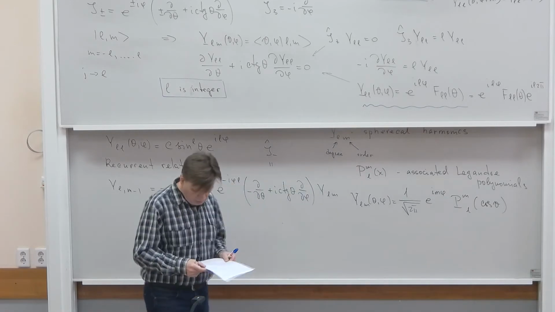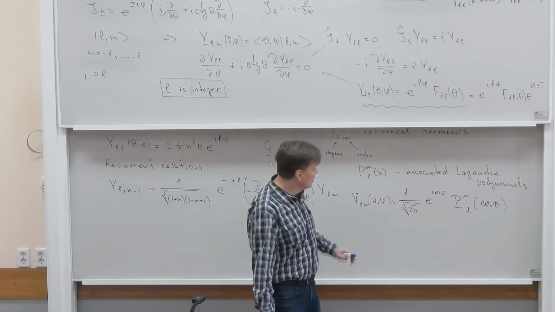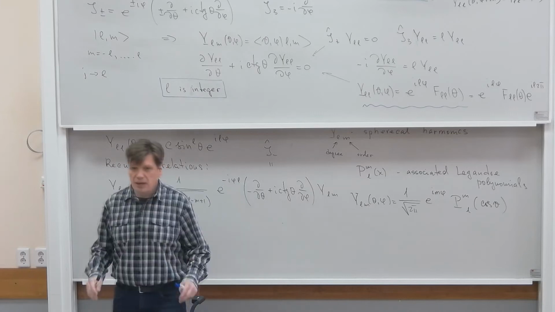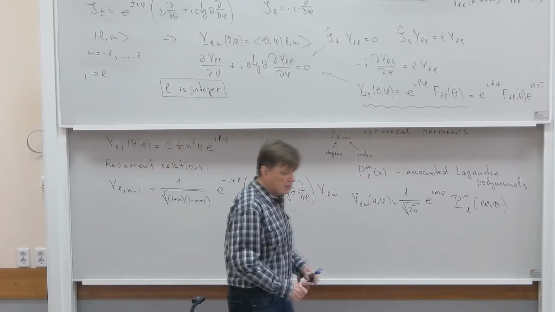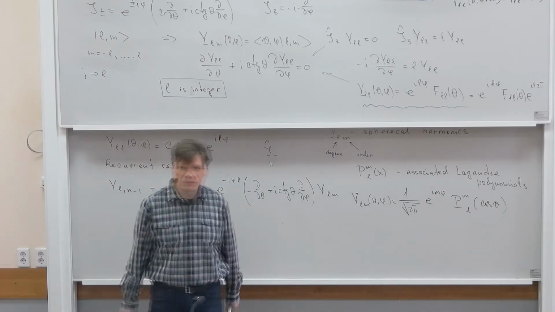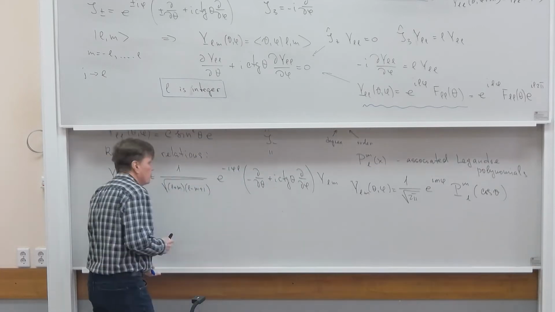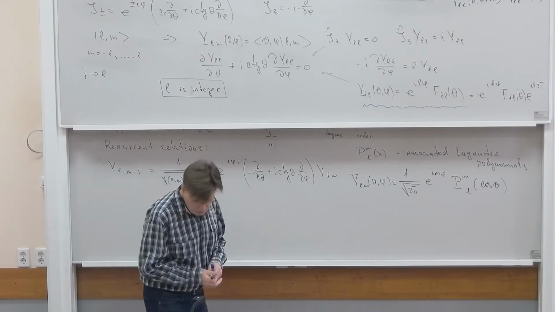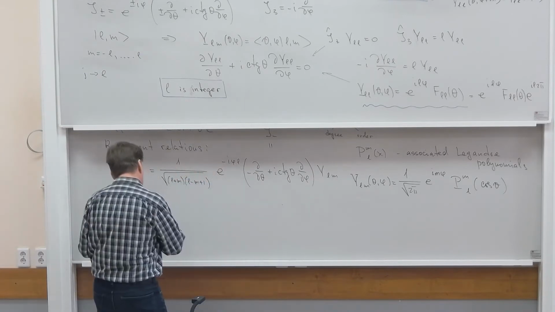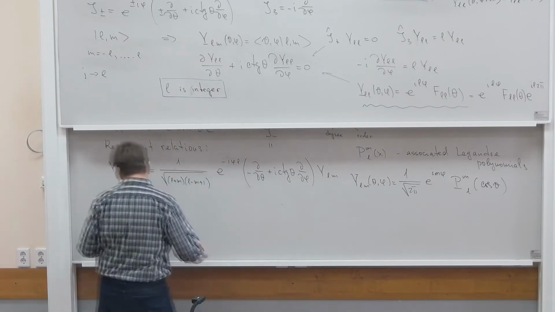Instead, I would like to draw your attention to the well-known mathematical fact that the spherical harmonics form a basis in the Hilbert space of functions on the sphere. So any continuous function on the sphere can be expanded into a series over the spherical harmonics.